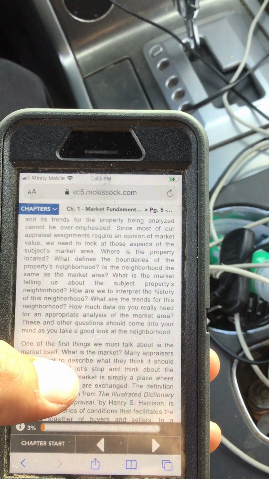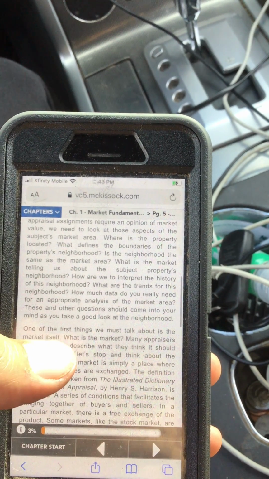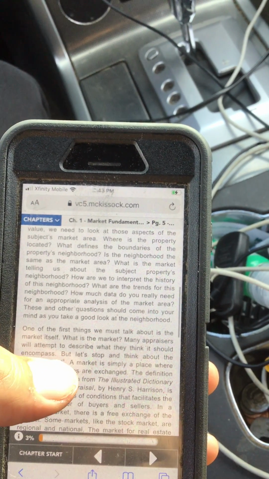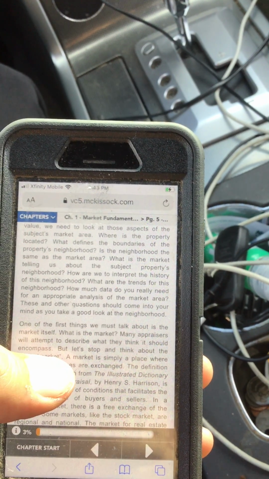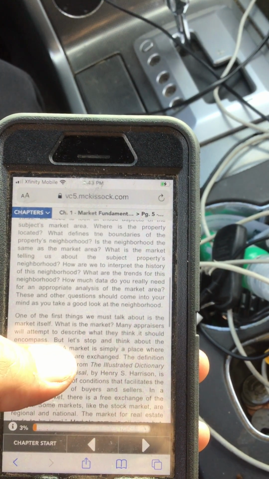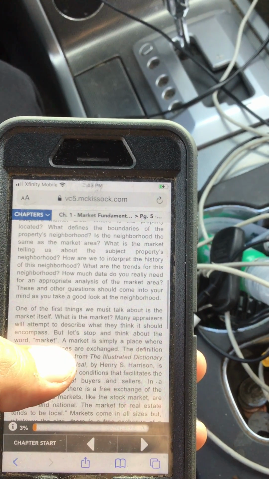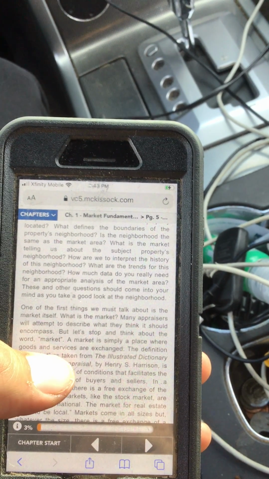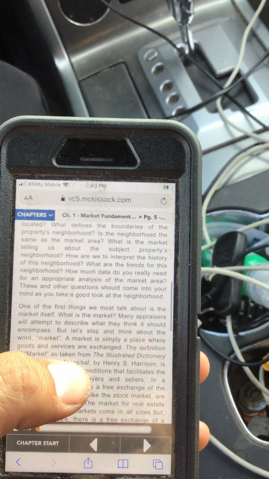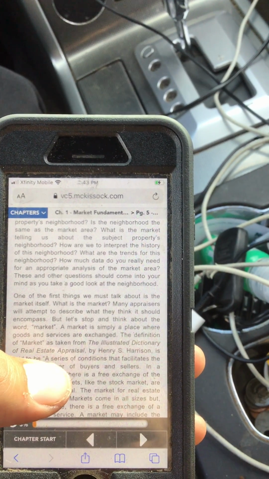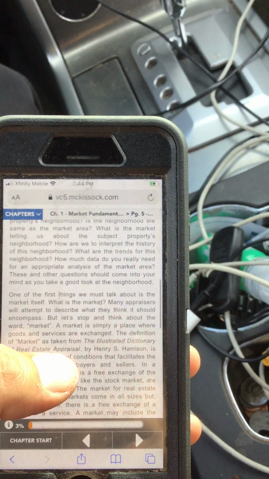Since most of our appraisal assignments require an opinion of market value, we need to look at those aspects of the subject's market area. Where is the property located? What defines the boundaries of the property's neighborhood? Is the neighborhood the same as the market area?